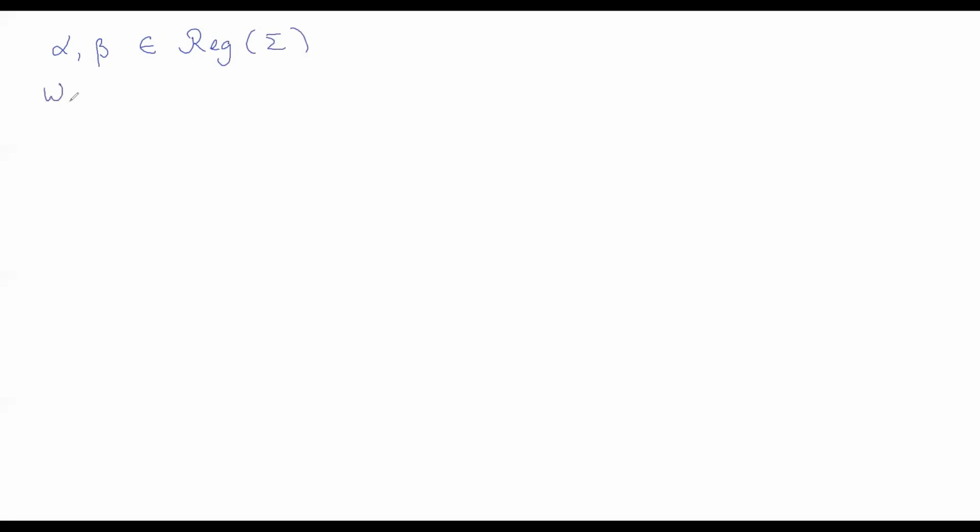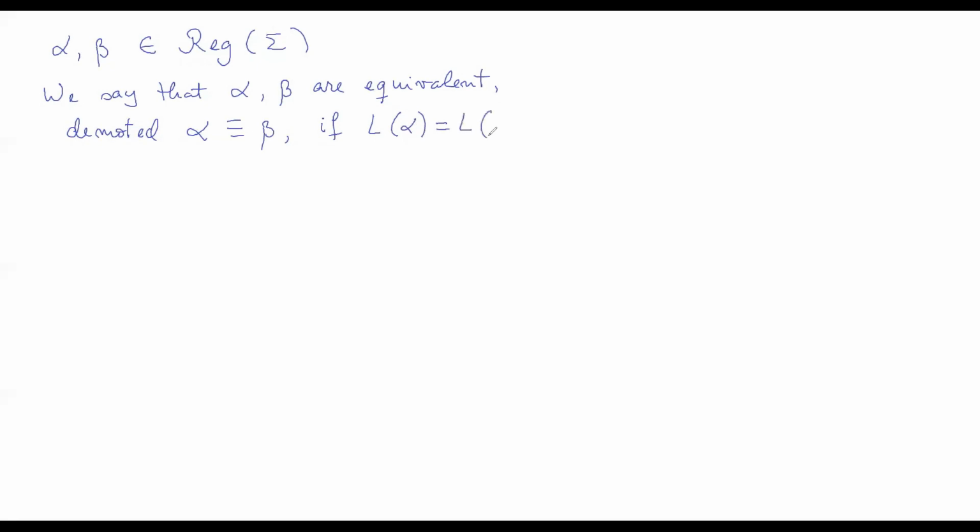And we say that alpha and beta are equivalent, denoted alpha with 3 horizontal bars beta, if the language associated to alpha is exactly the same as the language associated to beta. So 2 regular expressions are equivalent if the languages associated to alpha and beta are equal.